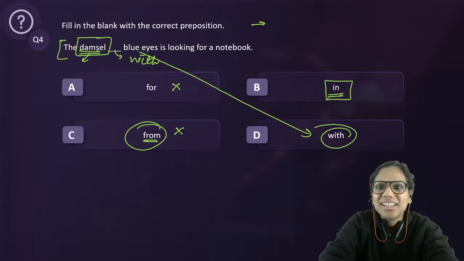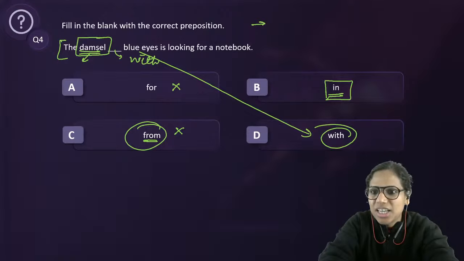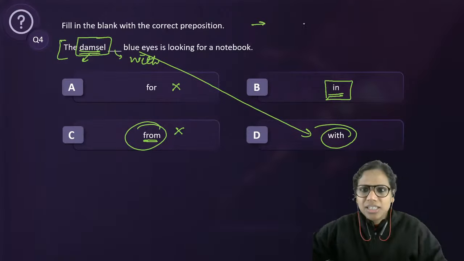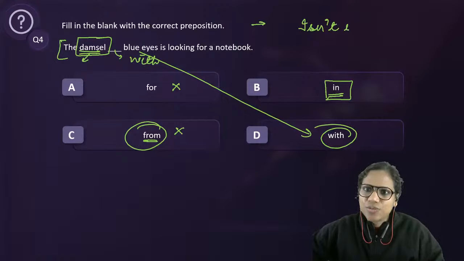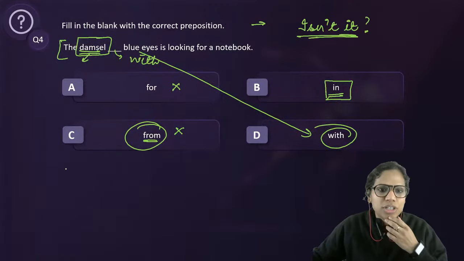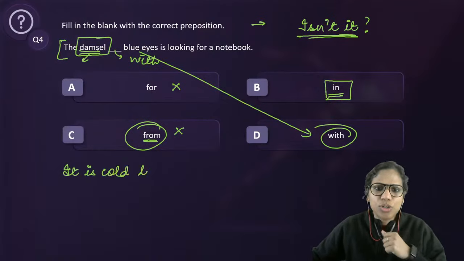Just a second. No, Divya, isn't it is fine? Nothing wrong with it. So, for instance, if I say, it is cold today, isn't it?